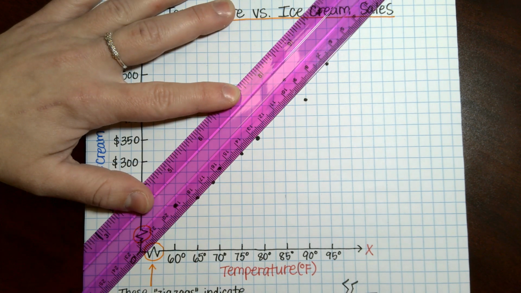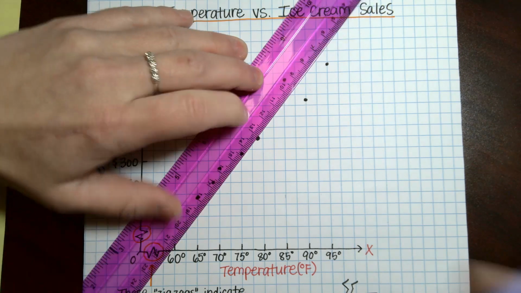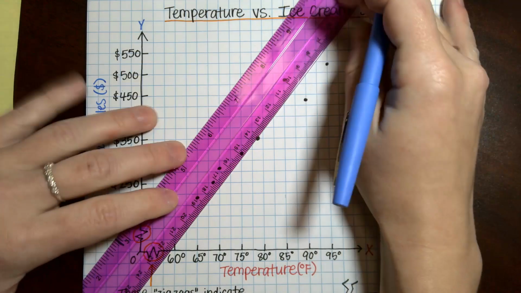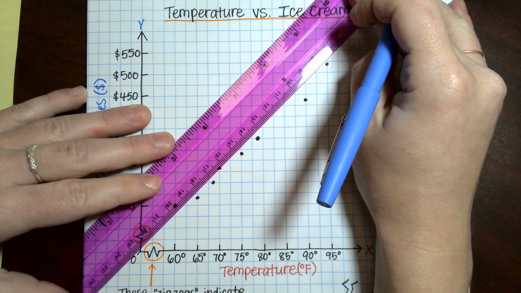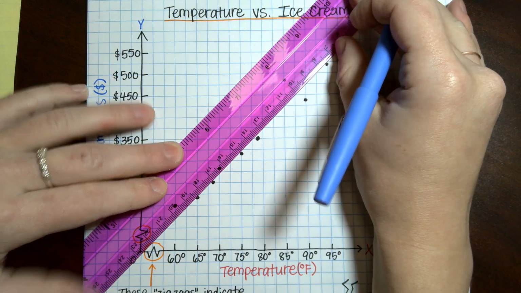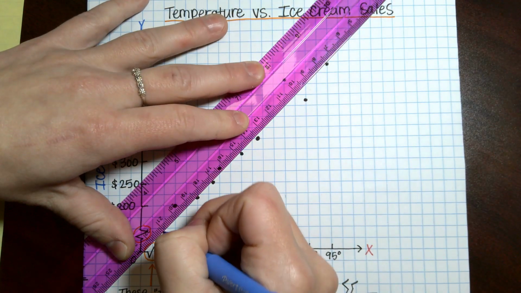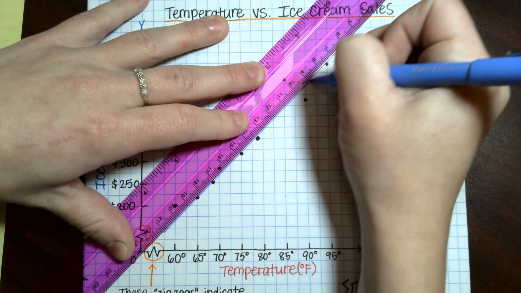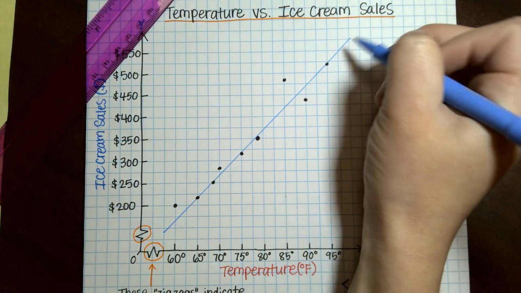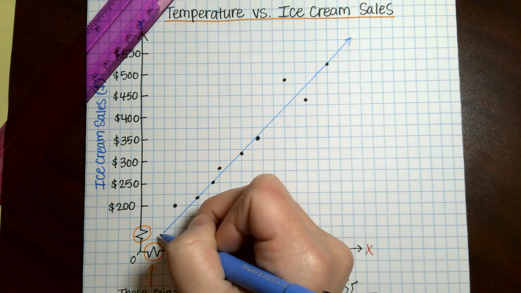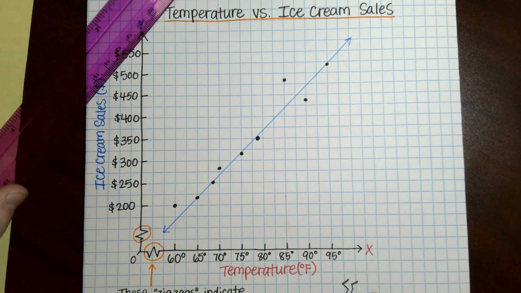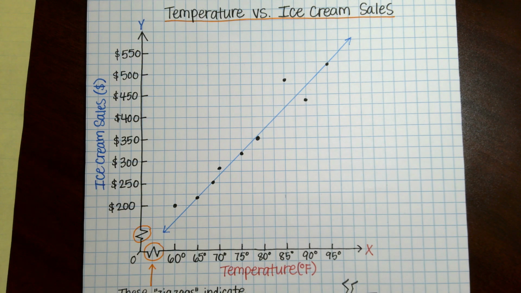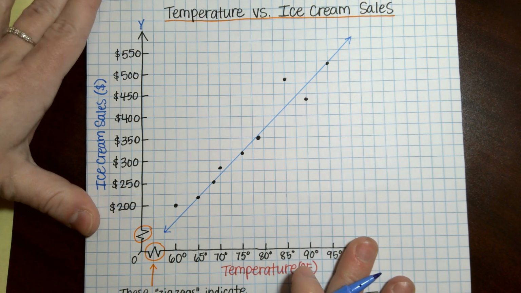Is this about where you guys put it? Yeah. Close enough? Okay, let's draw a line. All right, here-ish. Close enough. There we go. Right about there. Looks pretty good. Okay, so there's our line of best fit for this set of information.